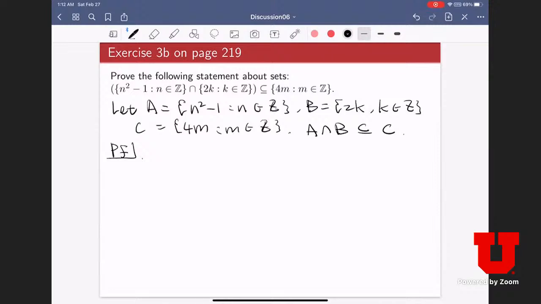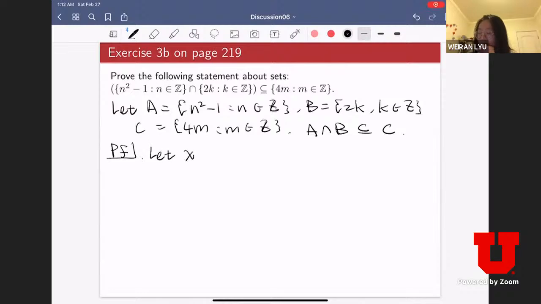So by the definition of the intersection, the A set intersects with the B set, so it means n squared minus 1 is equal to 2k. Okay, so you're saying that we can start with just that x belongs to the intersection of the set A and the set B.